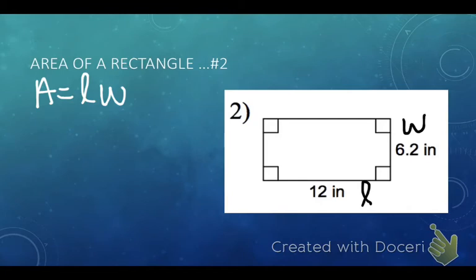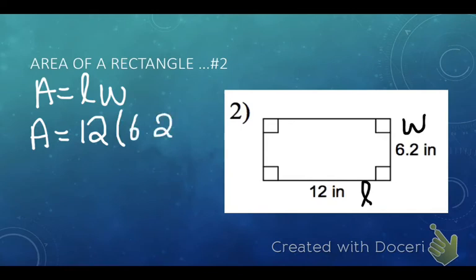Knowing that, we're going to now substitute it back into our formula. So we're going to say A equals, if length is 12, I'm going to write 12. And I'm going to multiply it by 6.2.